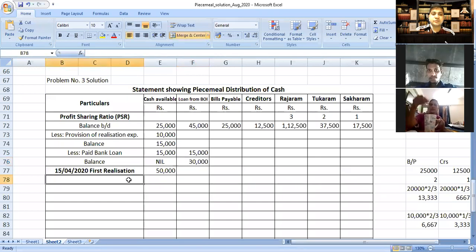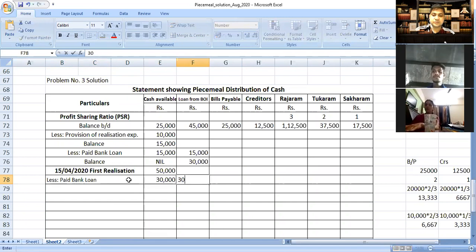This 30,000 amount we will pay first. Less: paid to bank loan amount 30,000 rupees. So we have to go by order only.